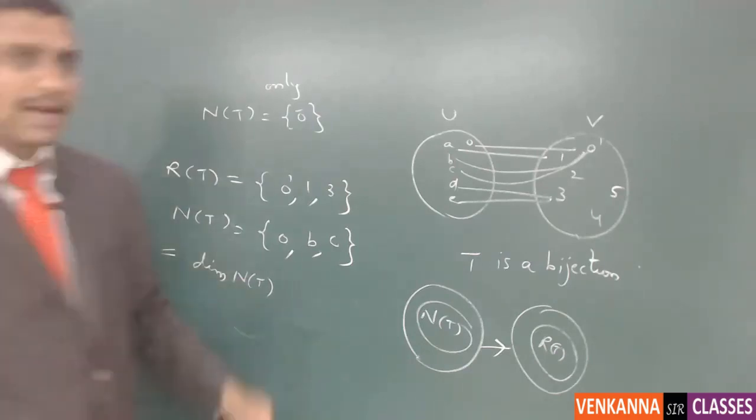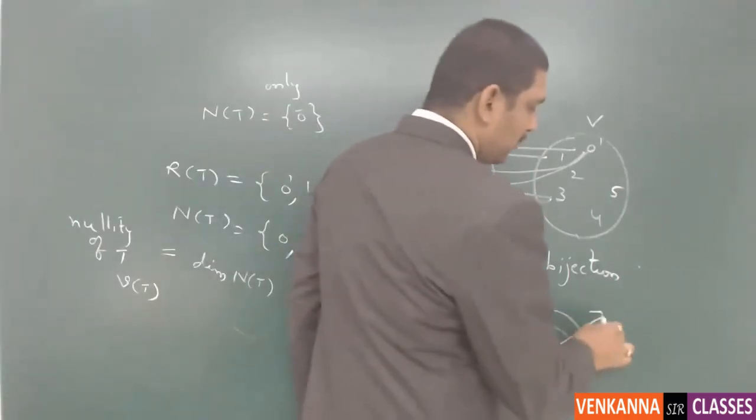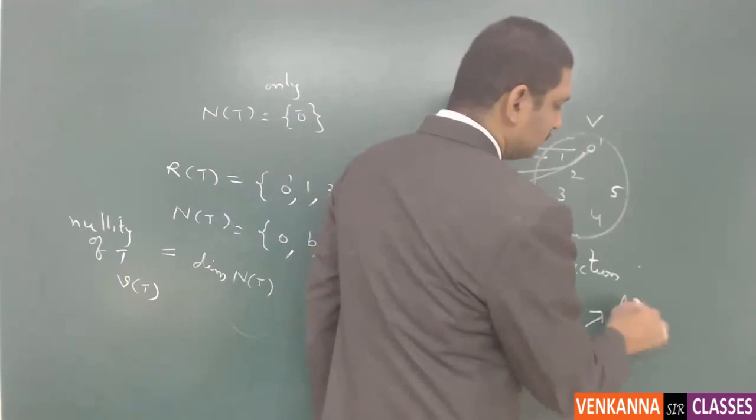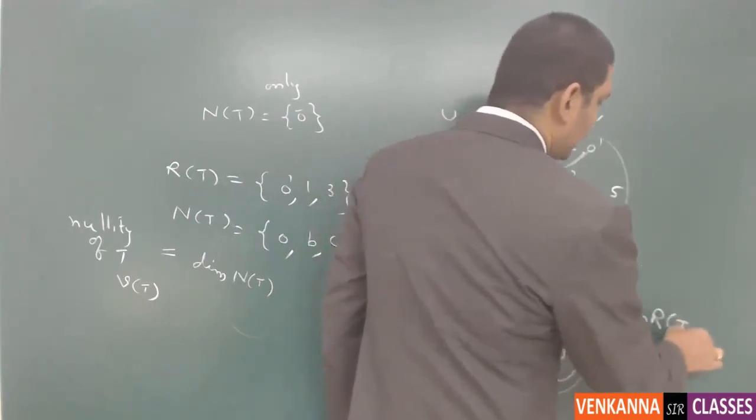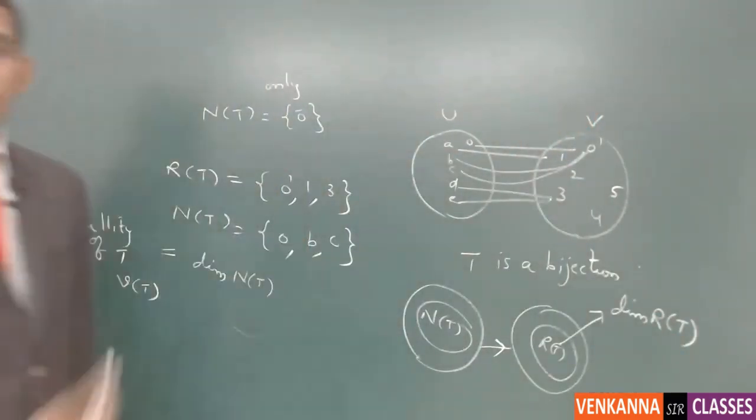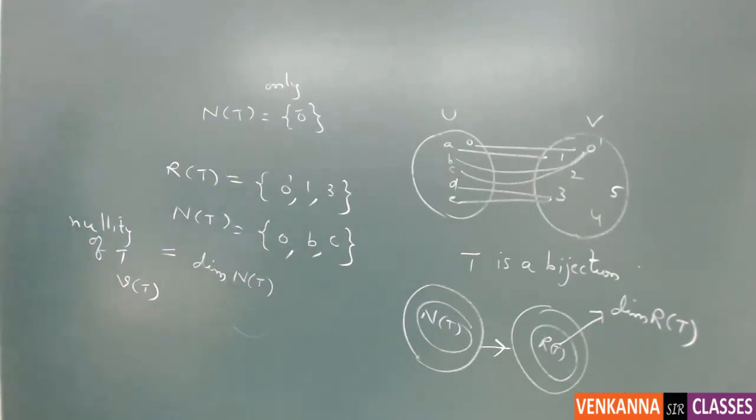Symbolically, we denote it with mu of T. Similarly, for R of T, if you are able to find its dimension, that means you are able to deduce a basis for R of T, and you can find how many elements are there in that basis, which is nothing but dimension.